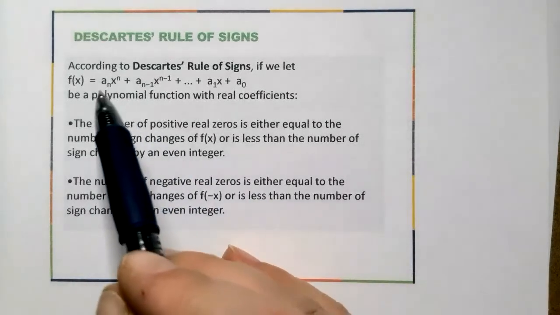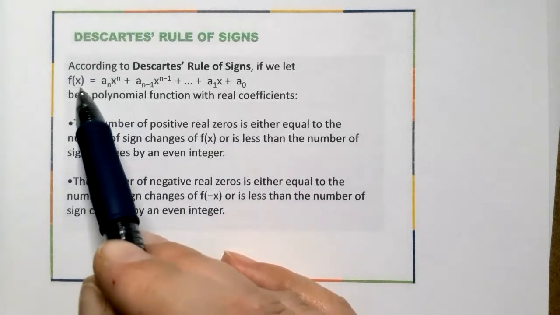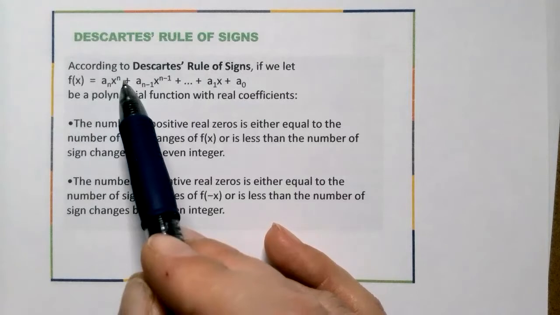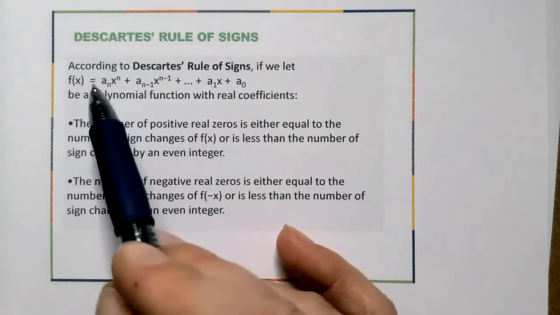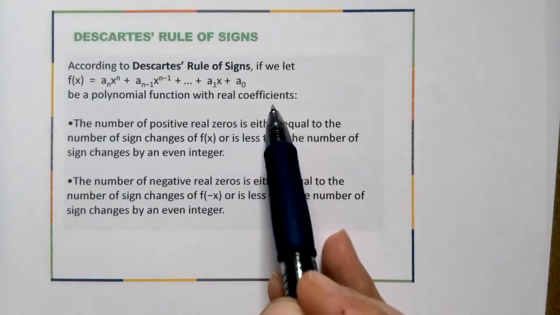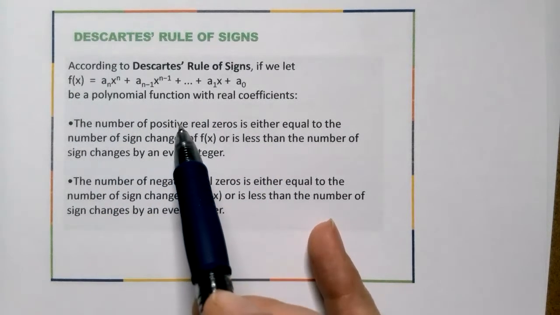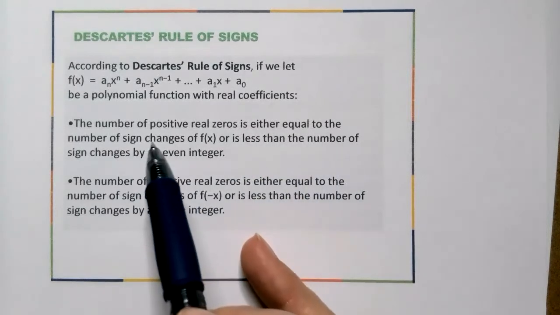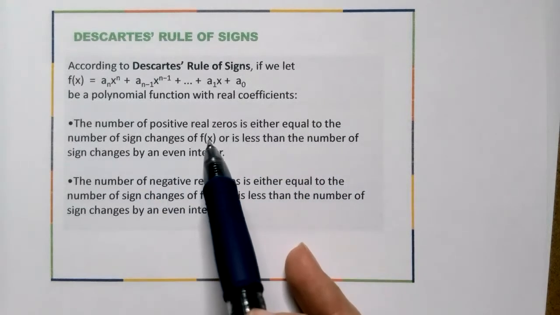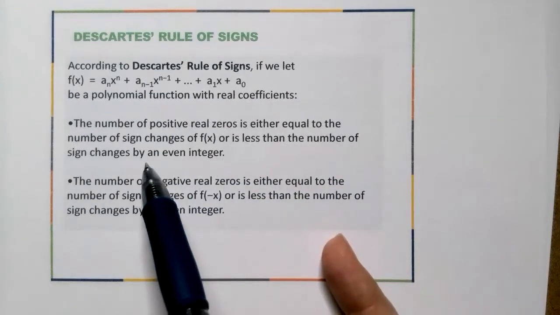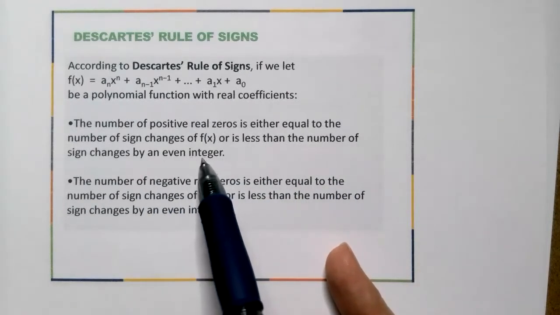It says, if we let f of x be this polynomial where we have x's to some powers and the coefficients in front of them, and it's a polynomial with real coefficients, the number of positive real zeros is either equal to the number of sign changes of f of x or is less than that number by an even integer.